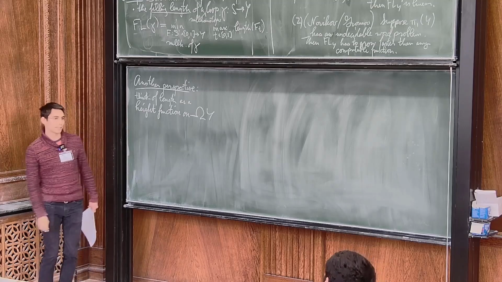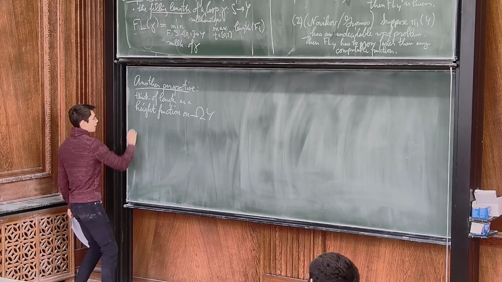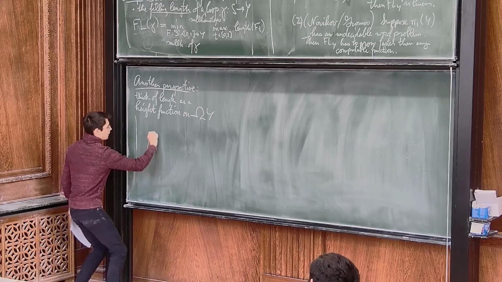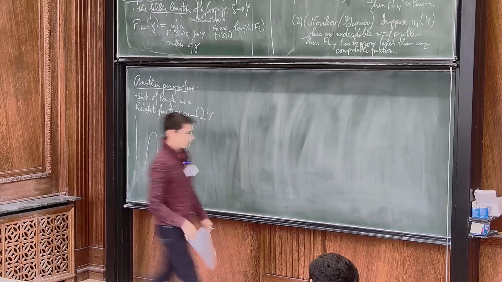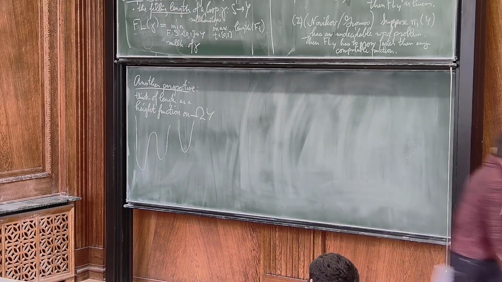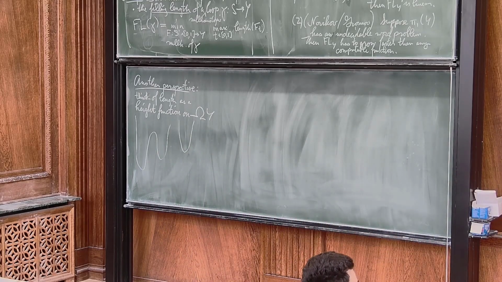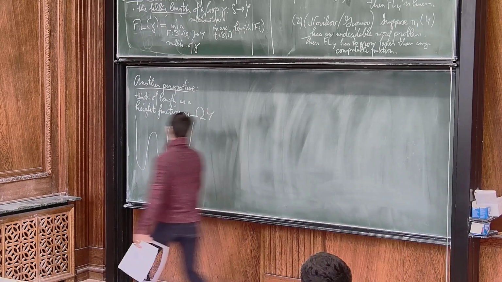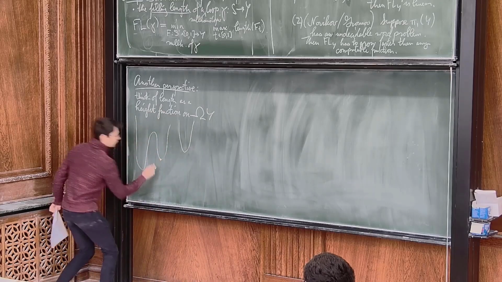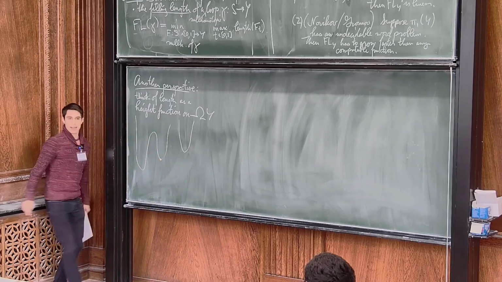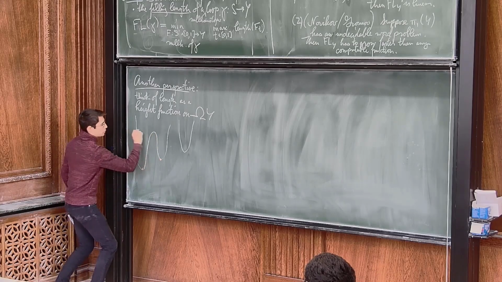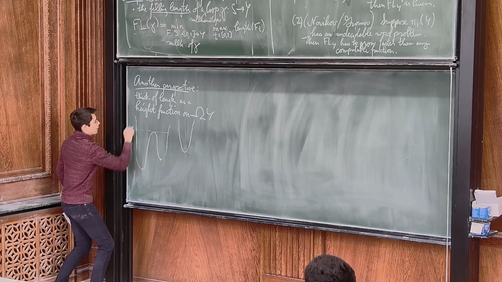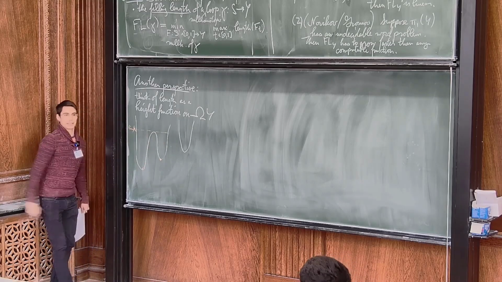So the loop space of Y, and then maybe it looks something like this. It has multiple components, and then this filling length function is sort of telling you if you happen to be at a local minimum, how far up do you have to go in order to fall back down to the global minimum?